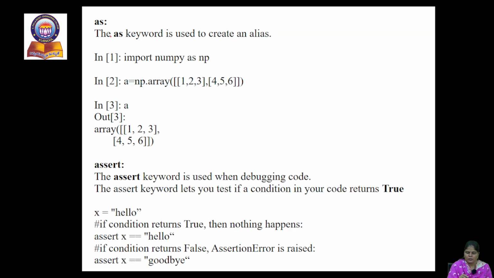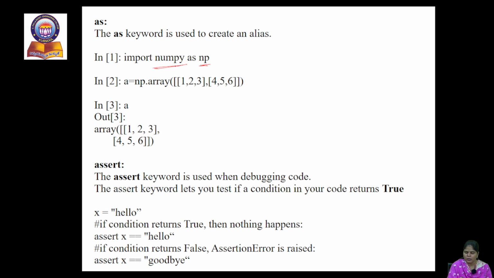Now, how is as being used? Take the package name NumPy. If there is a bigger name for the package, it becomes difficult to use it everywhere in your program. So in order to reduce that, I am giving a shortcut name, NP.